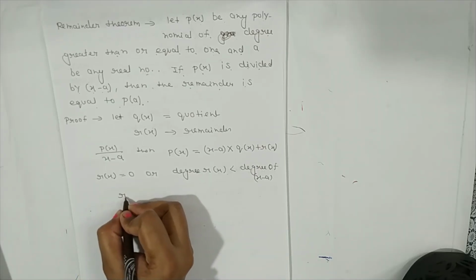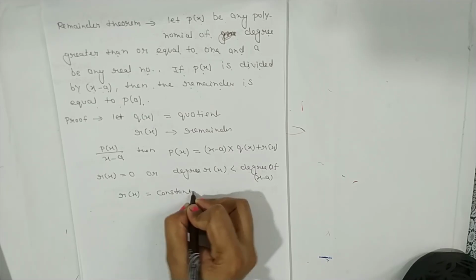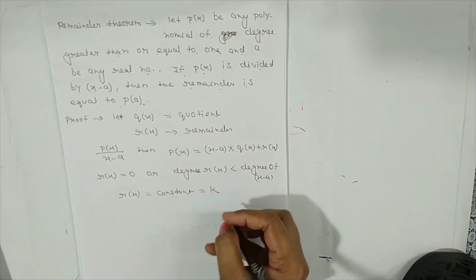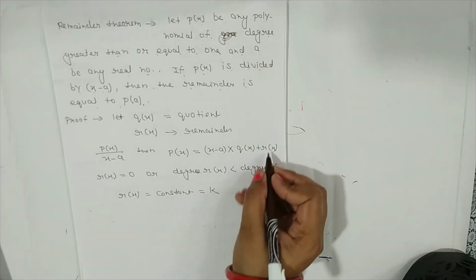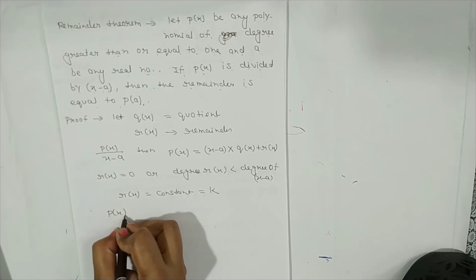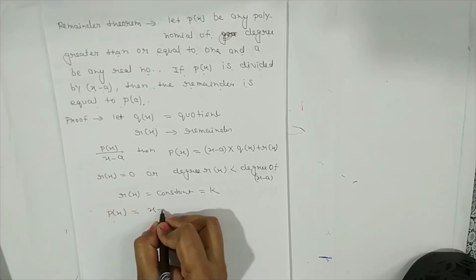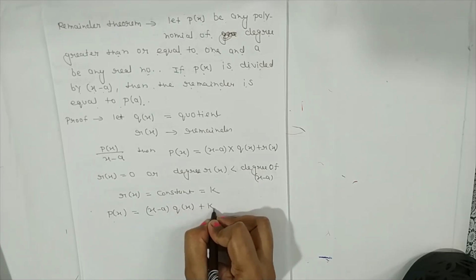So r of x will be a constant value. Let's say k is that constant. So we just put this k in place of r of x. So p of x is equal to x minus a times q of x plus k.